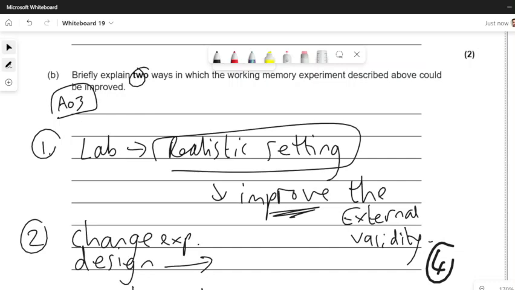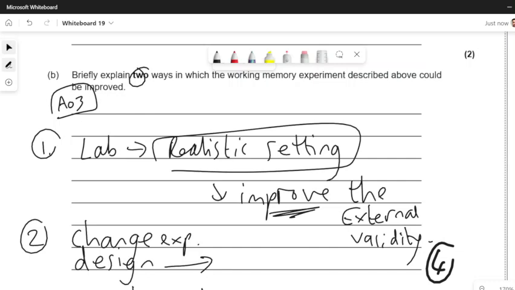You have to say why it will improve, what it will improve. So you could say an independent groups design may suffer from individual differences or participant variables. By keeping the same participants in both conditions, this should reduce this and improve the internal validity.